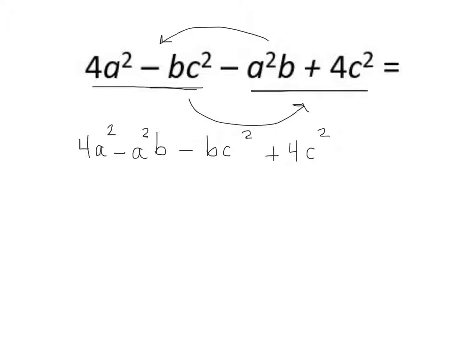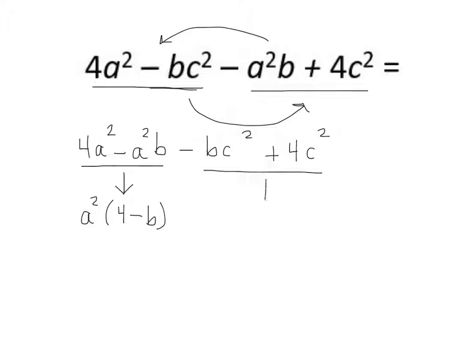Now, if we try to factor by grouping, here I have a group of 2, and here I have a group of 2. In my first group of 2, what they have in common is an a squared. If I divide each of them by a squared, I'll have 4 minus b.